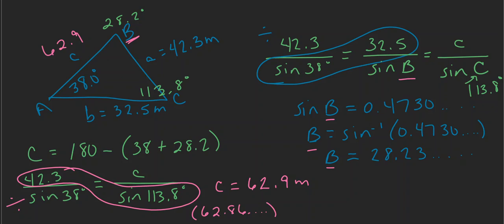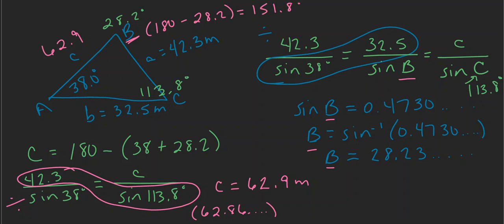So for a second triangle, I'm going to do the supplement of what I found. So I'm going to do 180 minus 28.2, which is 151.8.